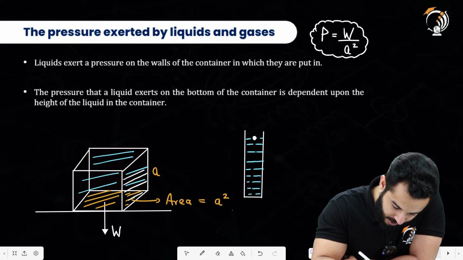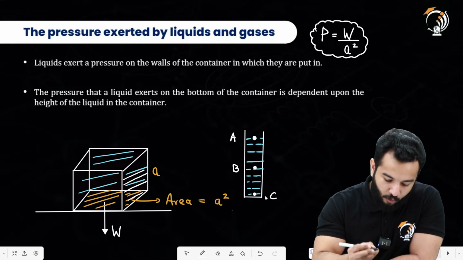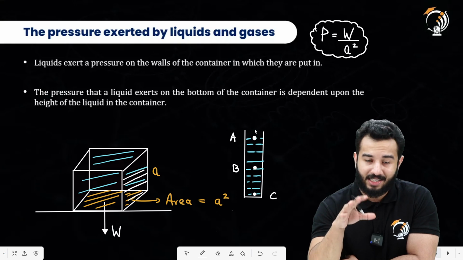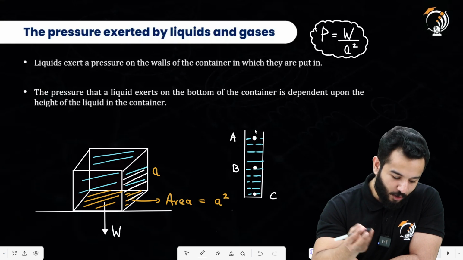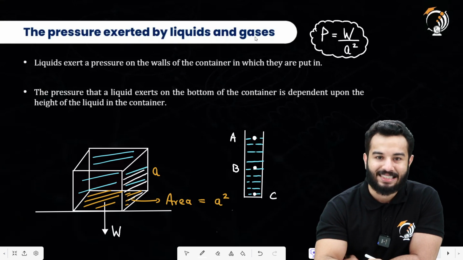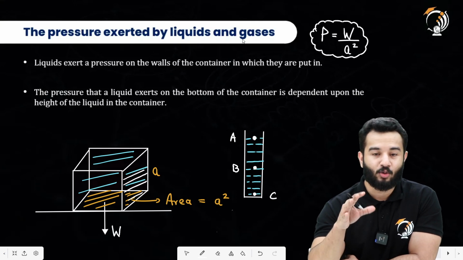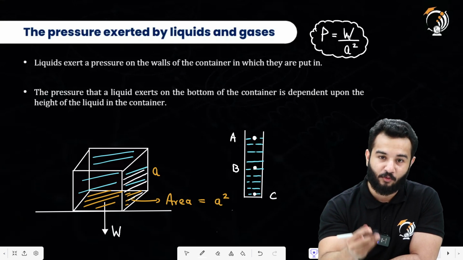Let's consider this point to be A, this point to be B, and this point to be C. Above point A there is nothing, there is just atmosphere. And atmosphere is nothing but gases, right? So gas also has weight. That weight is the force that we are talking about in this formula, force upon area.